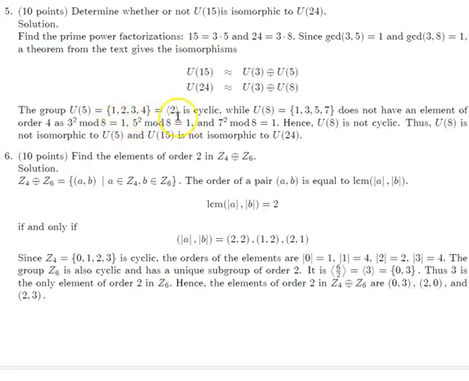So all powers of 2, this cyclic subgroup, is equal to the whole group. That's why U5 is cyclic, and 2 has order 4.